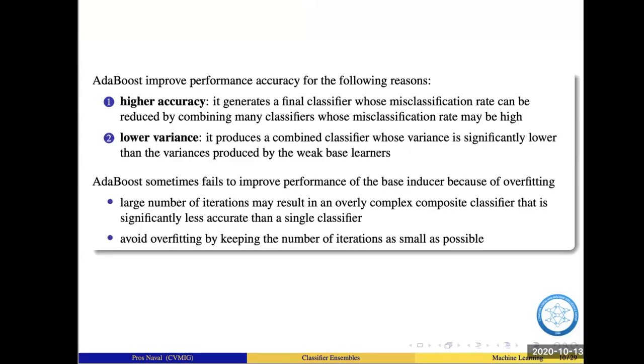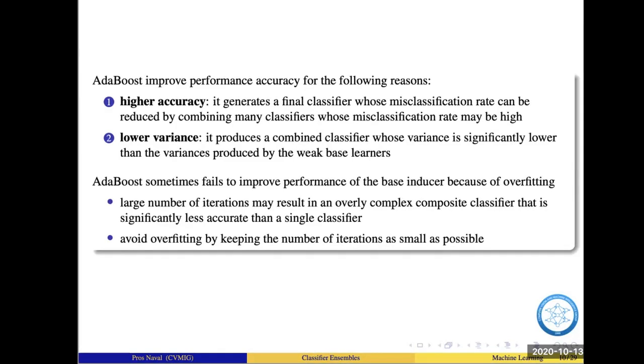Now AdaBoost improves performance accuracy for the following reasons. First, it has higher accuracy because it generates a final classifier whose misclassification rate can be reduced by combining many different classifiers whose misclassification rate may be high.